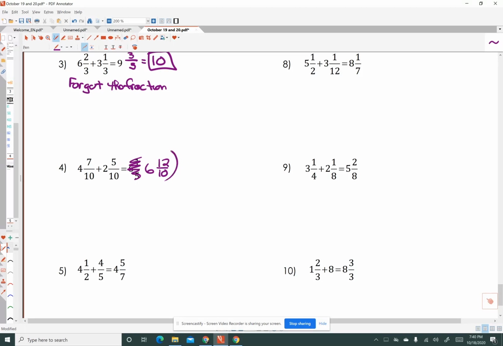So that is an improper fraction. 12/10 equals 1 and 2/10. And we can reduce the 2/10 to 1/5, because 2 goes into itself 1 time, goes into 10 5 times, to 1 and 1/5, which we add to the 6, which would be 7 and 1/5. So the whole number was incorrect.